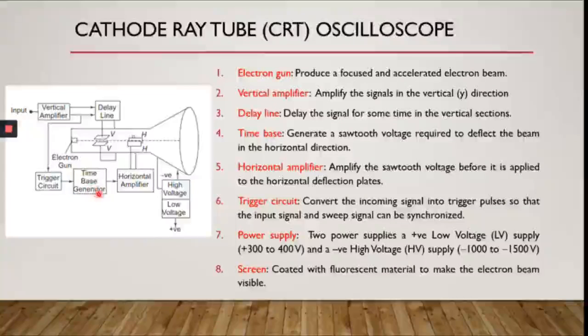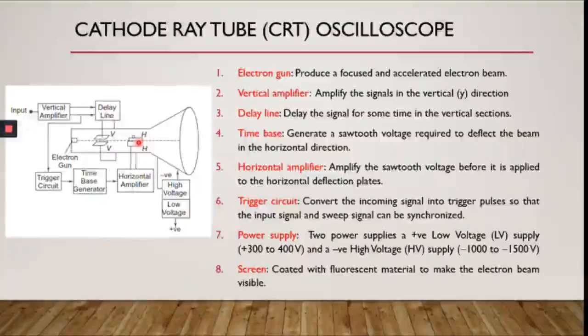The time-based generator is used to generate a sawtooth voltage, which is going to represent the time of the input signal. And then, of course, this generator also requires an amplifier to enlarge the value of the signal, and it's going to be represented by the horizontal amplifier here, the horizontal deflection plate here.